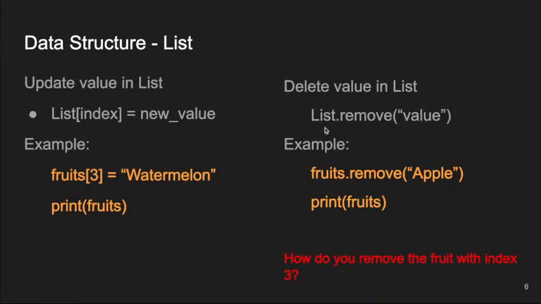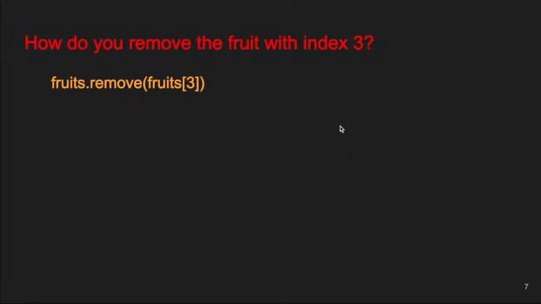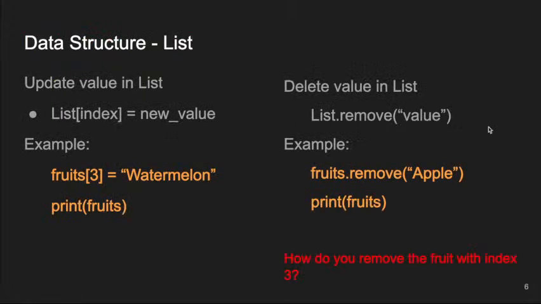You can also delete from the list, and we use the remove function to do that. Remove is an inbuilt Python function for lists. So you call your list name or variable, dot remove, and then the actual element that you would like to remove from the list.